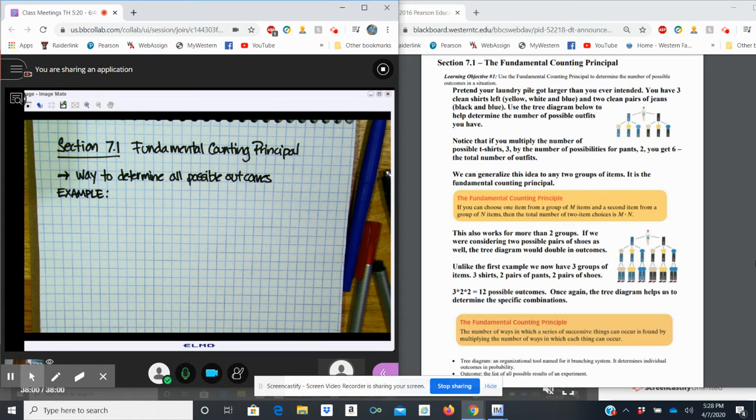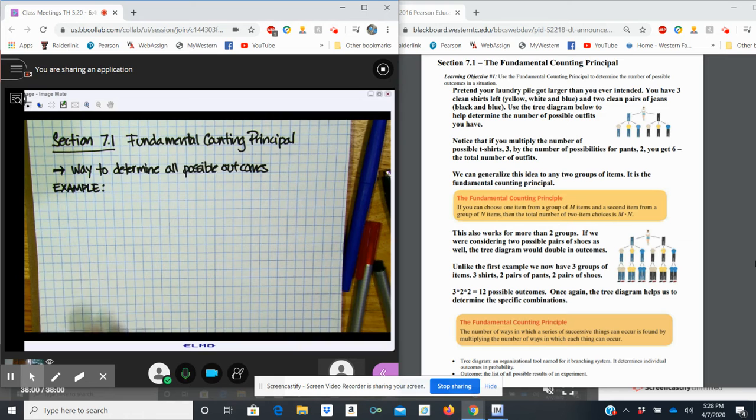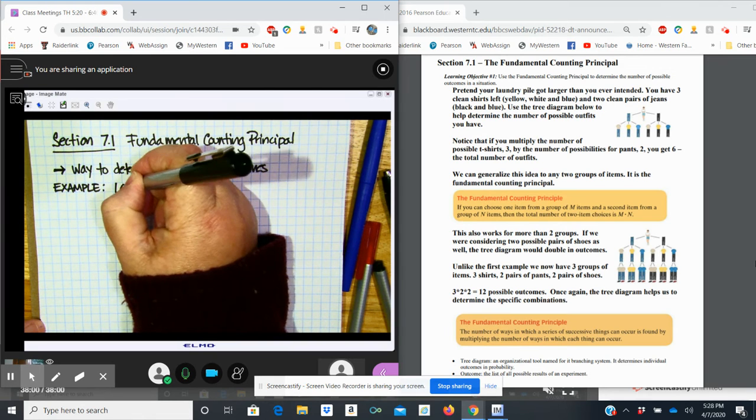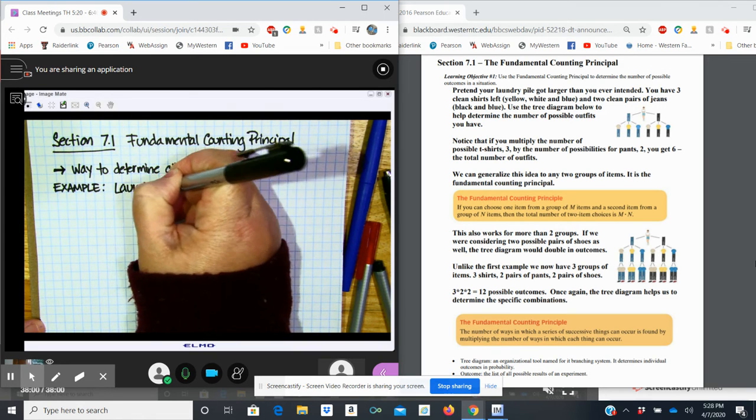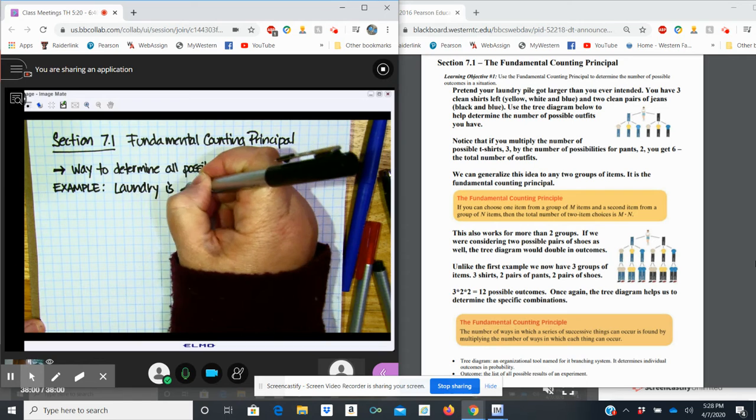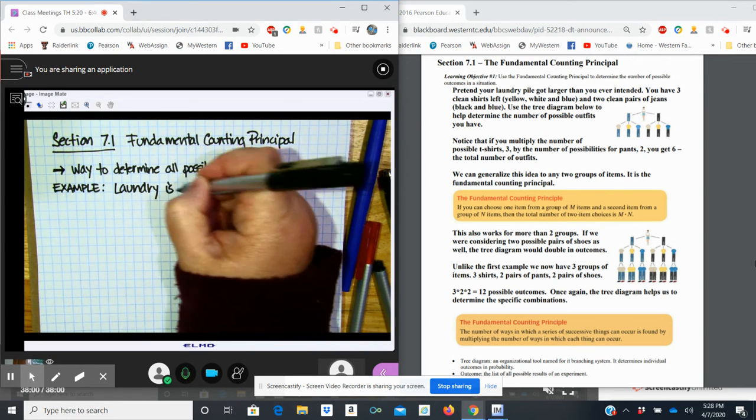All right, so we're just going to pretend for a minute that you let your laundry get out of hand. You just have been busy and exhausted, and you have not done any of your laundry. So at this point, you have just 3 clean shirts left.